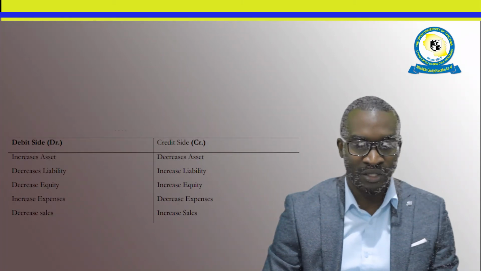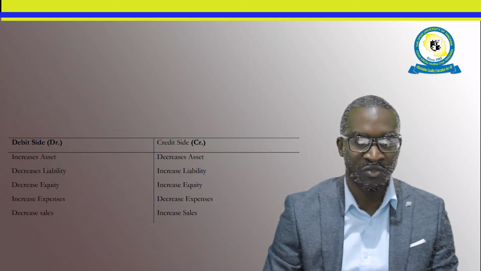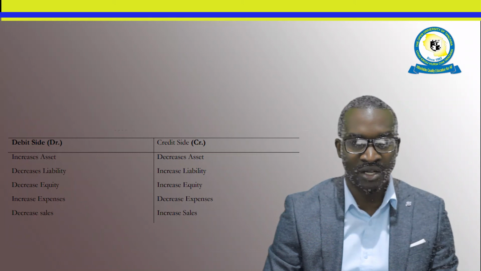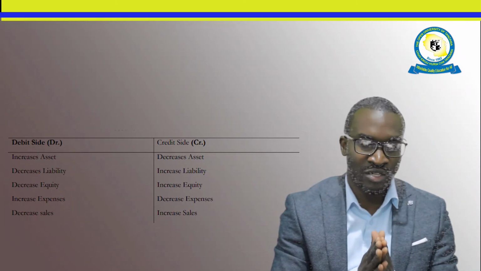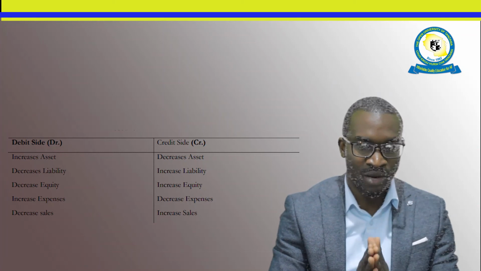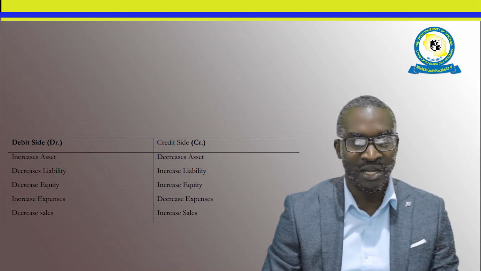To make it more simple, you can see this slide that shows you the effect of transactions on the debit and credit side of an account. Here I have 2 columns, the debit side and the credit side. Look at the debit side. These are the elements that you debit when you come across them. If you have an increase in an asset, debit that account.